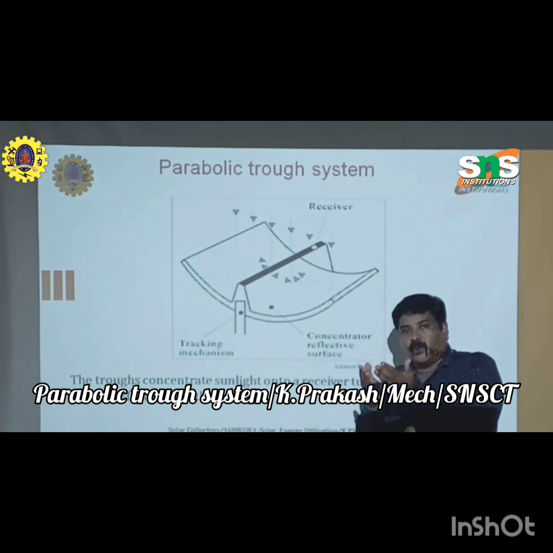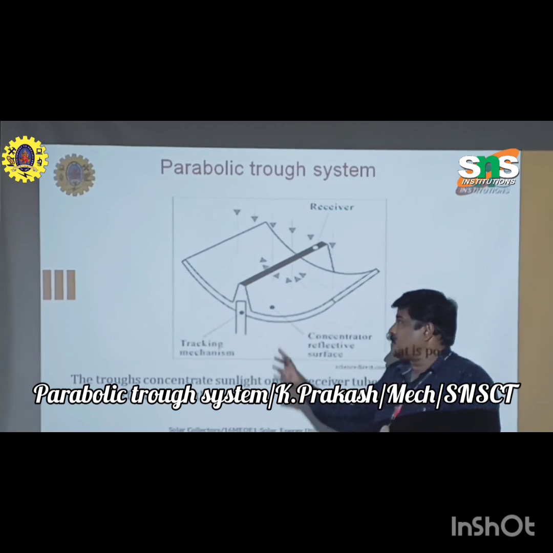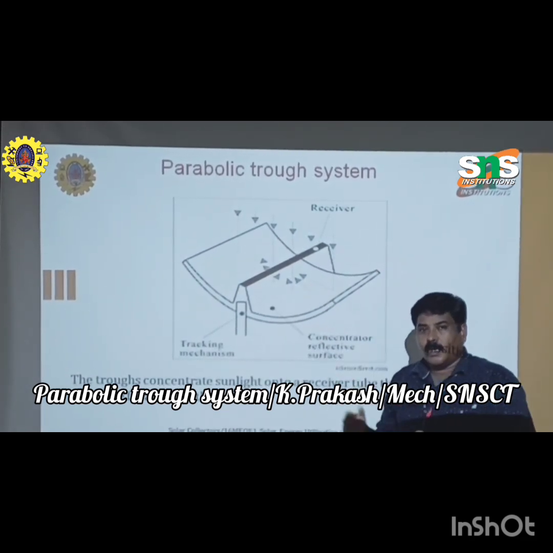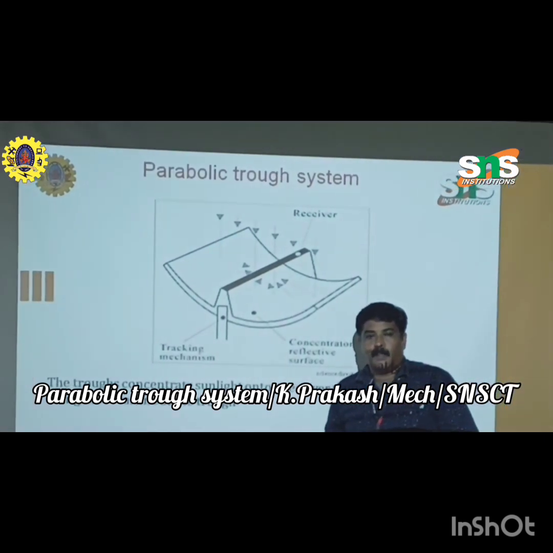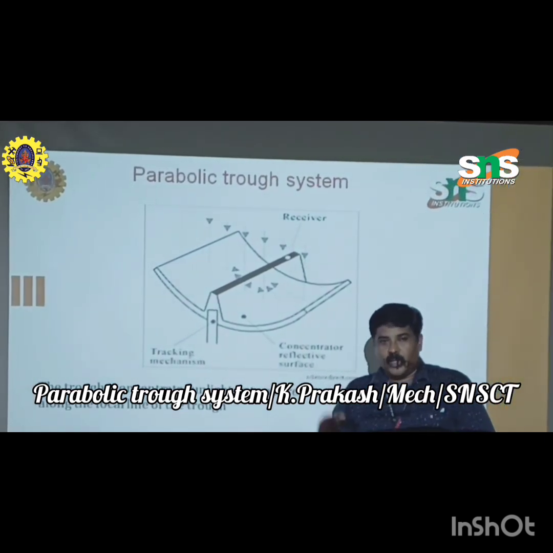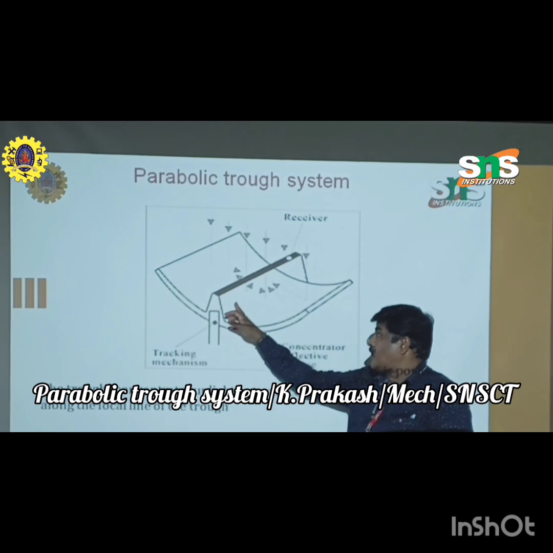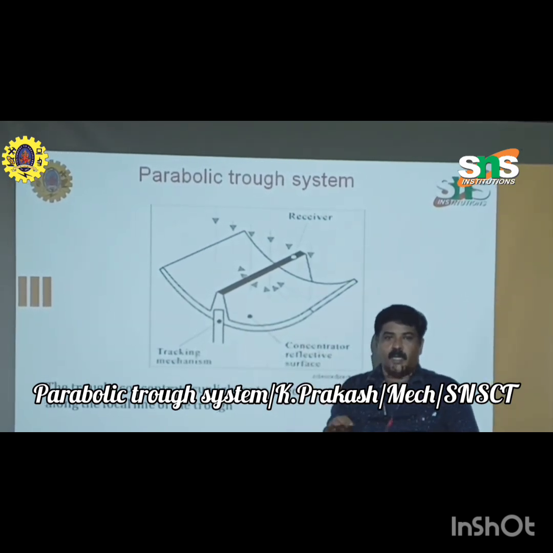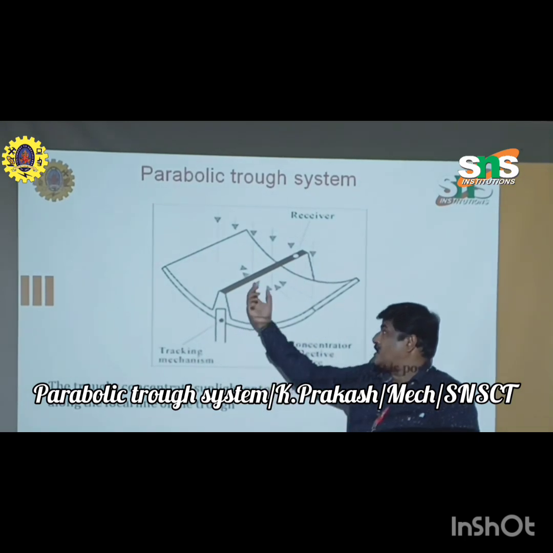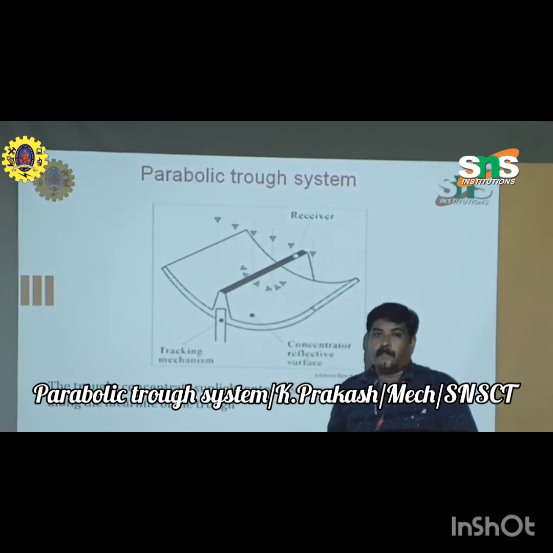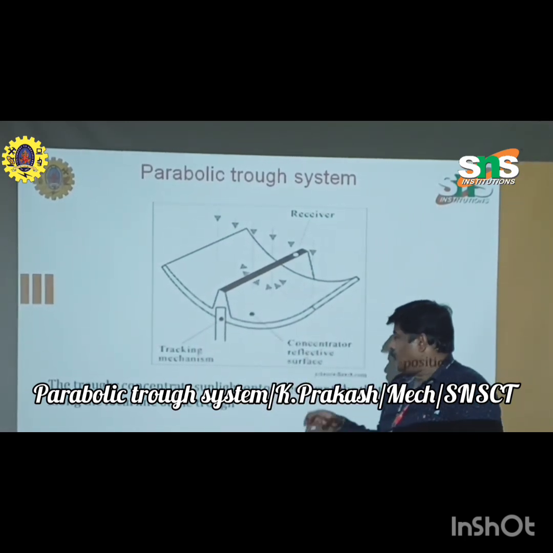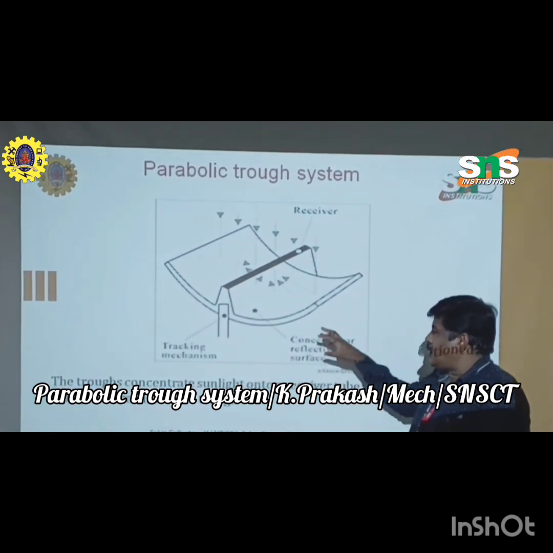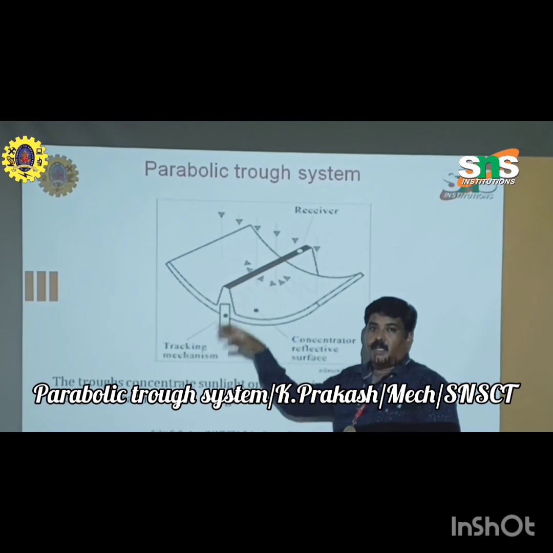The important thing here is beam radiation. The radiation falling on the reflecting surface should be at 90 degrees, so that the maximum amount of radiation is reflected towards this pipe. So we use this tracking mechanism to overcome this problem.